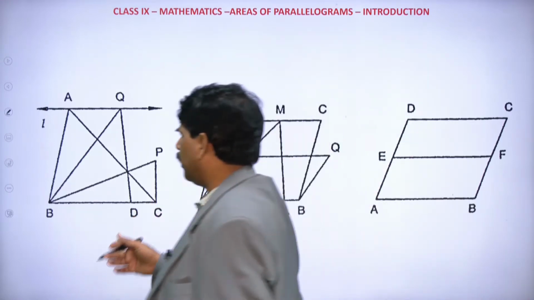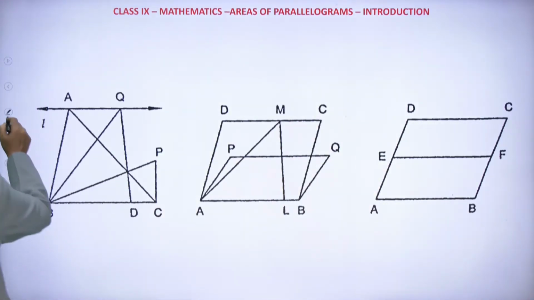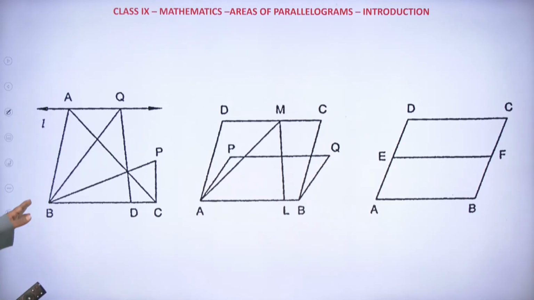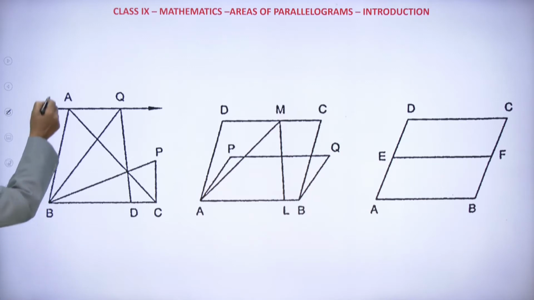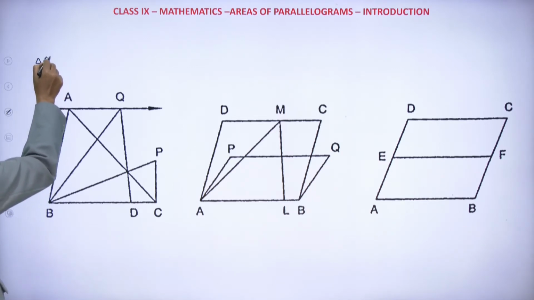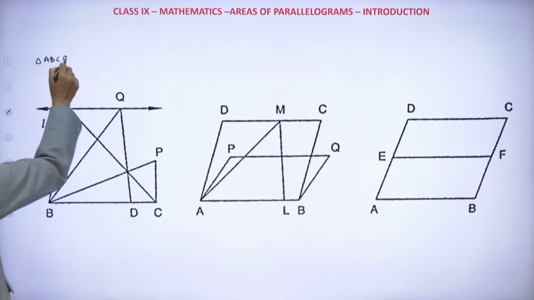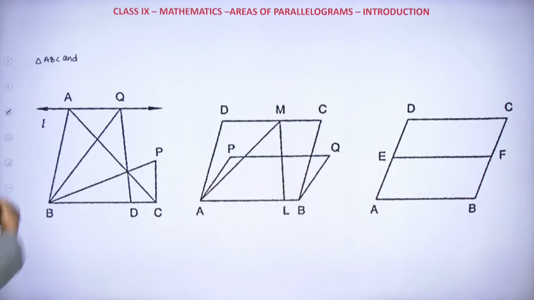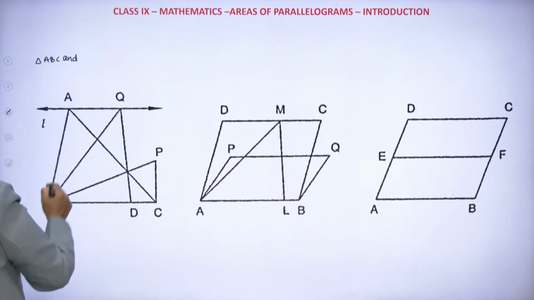Now look at the diagrams carefully here. What we are seeing here is one triangle, triangle ABC. And you are seeing another triangle QBD.